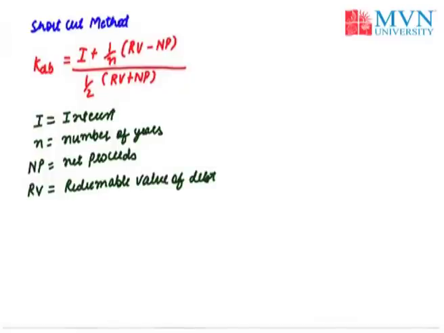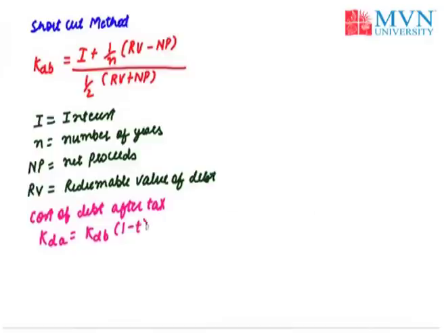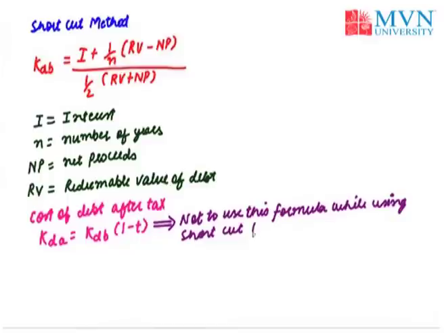But while using the shortcut method, one should remember that for calculating cost of debt after tax, one cannot just write kd after tax is equal to cost of debt before tax multiplied by (1 minus T). One should not use this formula while calculating the cost of debt after tax by using the shortcut method.